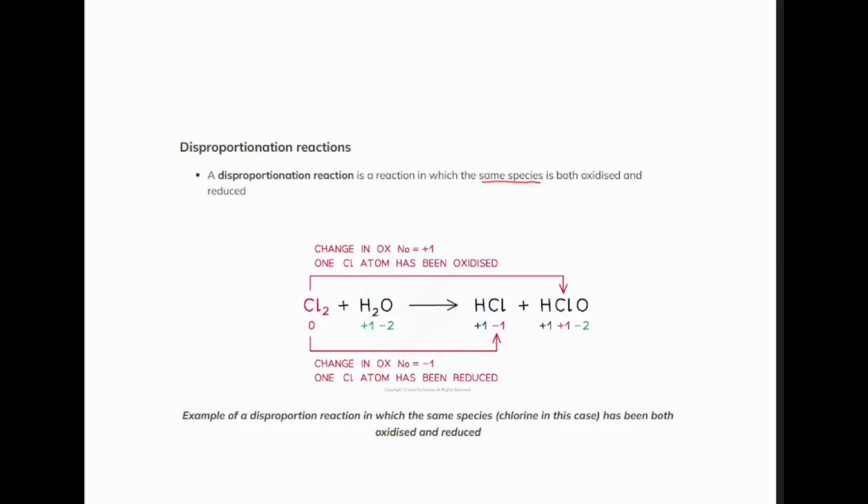Then 0 to negative 1 is a decrease in oxidation number, so that is reduced. It is the same Cl2 that is oxidized and reduced. So we call this a disproportionation reaction. It must be the same species. Now let's see this example.